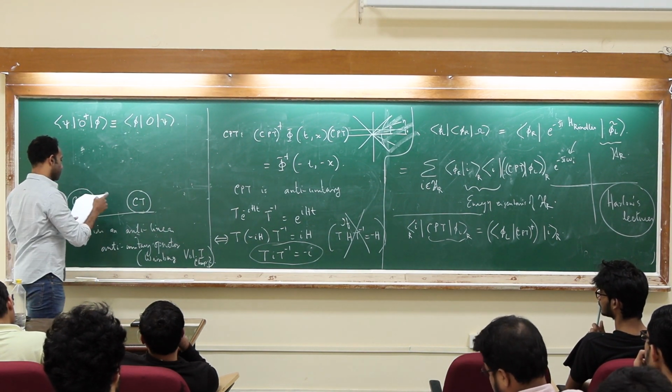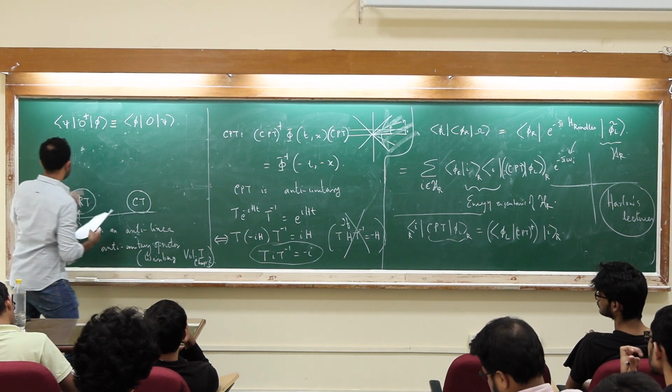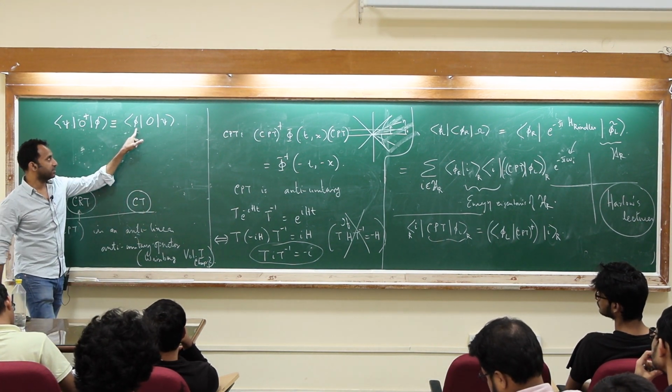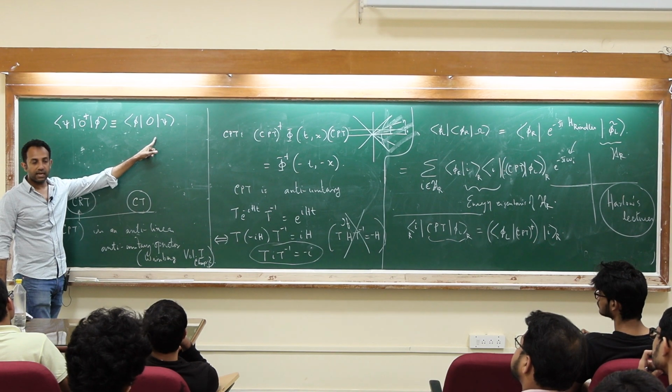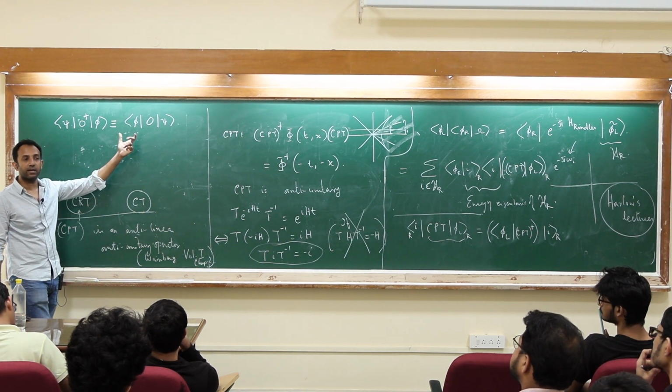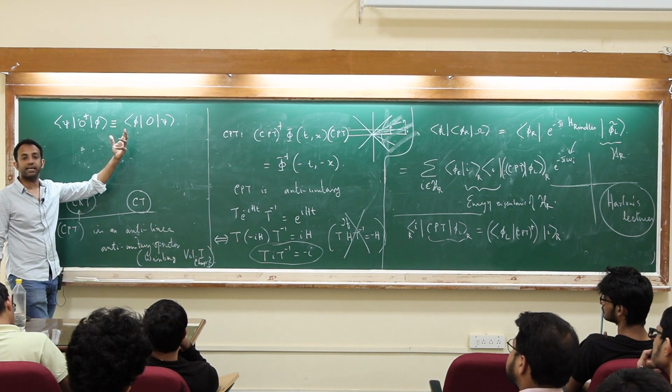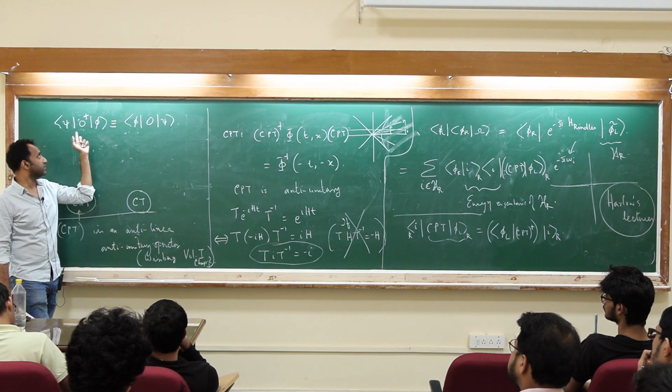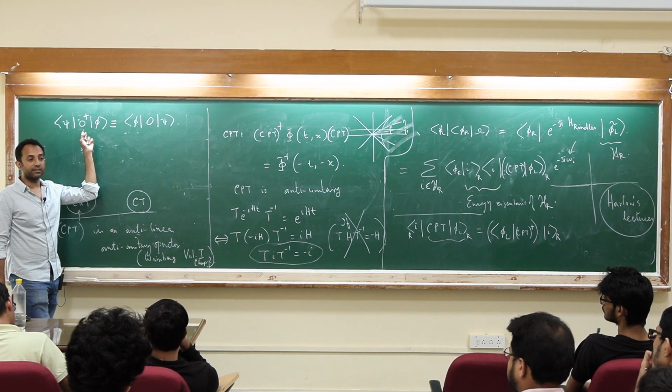Okay, so typically what we have is that the kets are not getting interchanged. And the reason for this is that you need to do a complex conjugation at the end because O is antilinear.